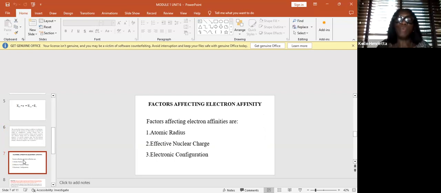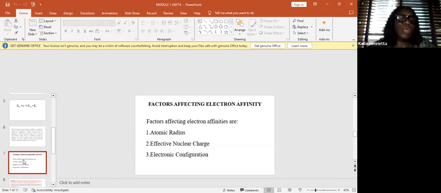What we have looked at before, we looked at atomic radius, we looked at nuclear charge, then electronic configuration. The factors that can affect the electron affinity of any atom of an element of the periodic table are atomic radius, effective nuclear charge, and electronic configuration. Remember, the atomic radius is the size of the atom.